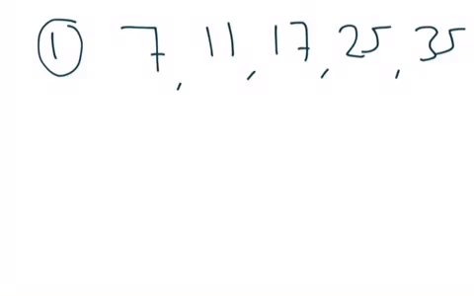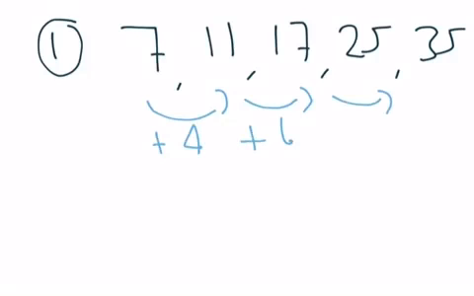From 7 to 11, we've got plus 4. 11 to 17, plus 6. 17 to 25 is plus 8. 25 to 35 is plus 10. So we can see straight away that this is not a linear sequence because the common difference is not the same. So what do we need to do now?